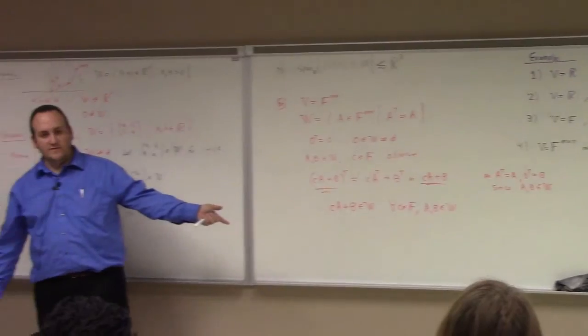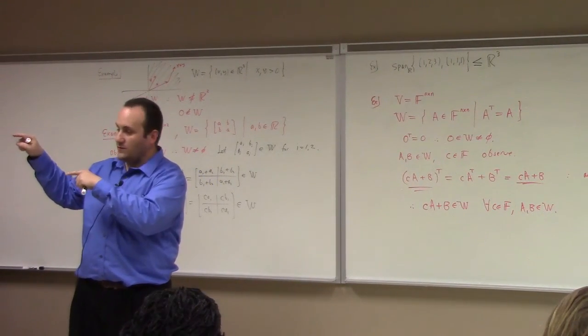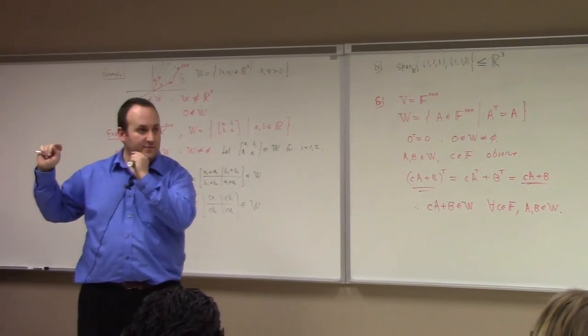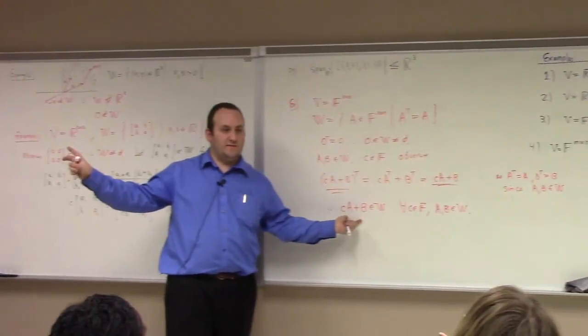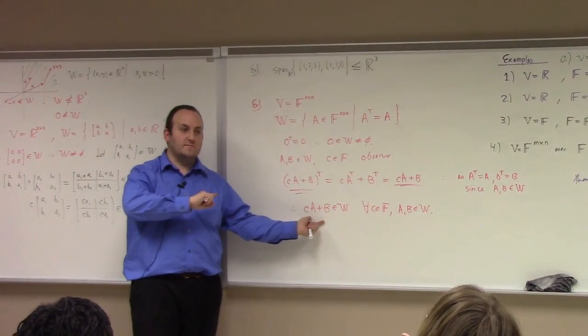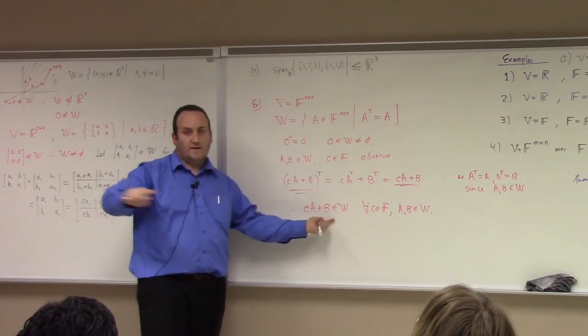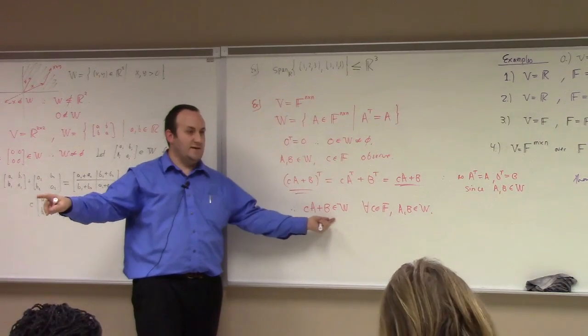You can take B equals to 0. That gets you part 2. If you take C equals to 1, you get condition 1 in the two-step theorem, right? So if I can prove this, I automatically get both of the steps at once. This is the one-step test I was talking about. If you can prove it for an arbitrary scalar times a thing plus another, you automatically get both, right? You just take C equals to 1 or take B equals to 0.